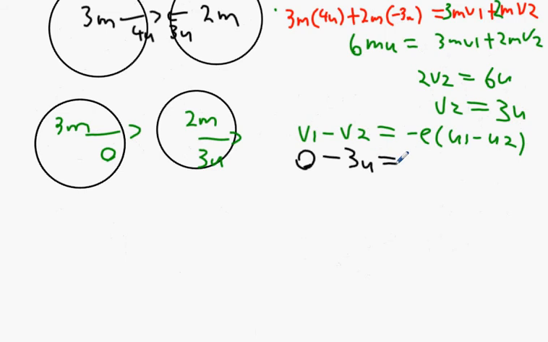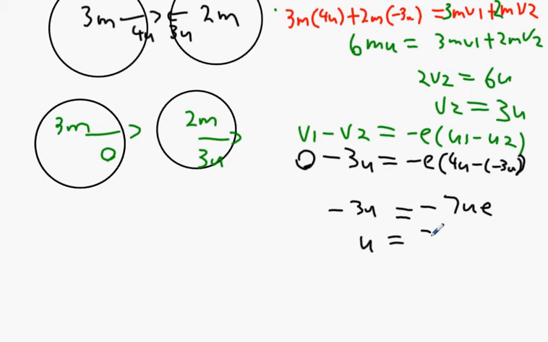Do we know the e value? We don't know the e value, but we know that u1 minus u2 is 4u minus bracket minus 3u. So that makes minus 3u equals minus 7ue. Take out the u's, divide across by minus 7. E equals 3 over 7.